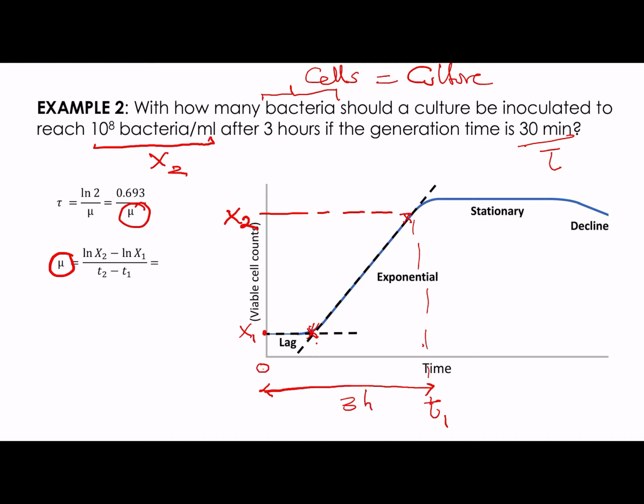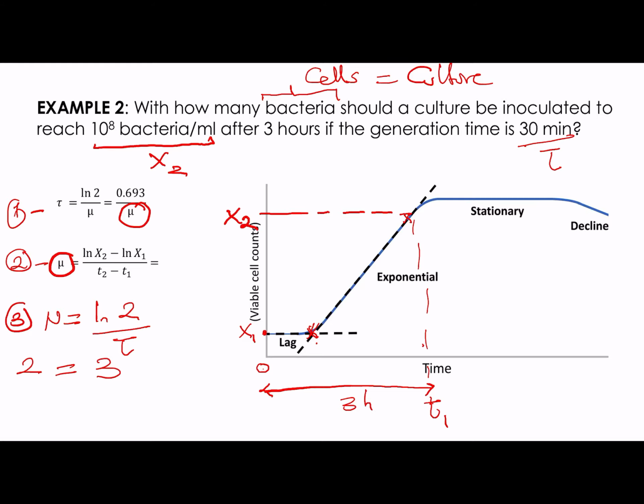So if we make mu the subject of the formula for equation 1, it becomes equation 3, and that will be mu equals ln 2 over tau. So we can say equation 2 equals equation 3.